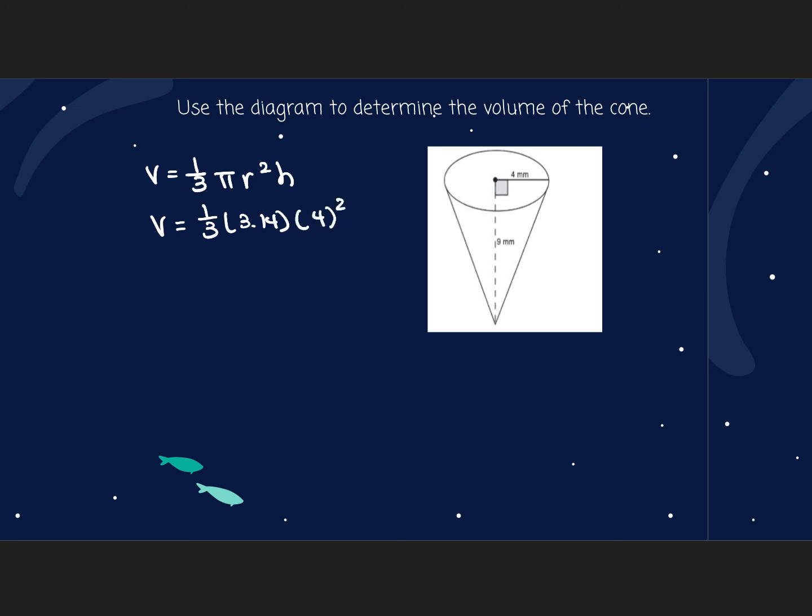Remember, it's radius squared times the height of 9. Always make sure you're paying attention to whether they give you the radius or the diameter. In this situation, they gave us the radius. So once we multiply all this together, we get the volume of 150.72. We can't forget about our units, so we're going to have millimeters cubed.